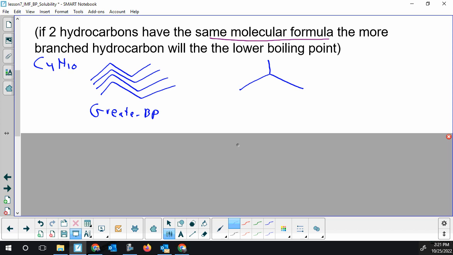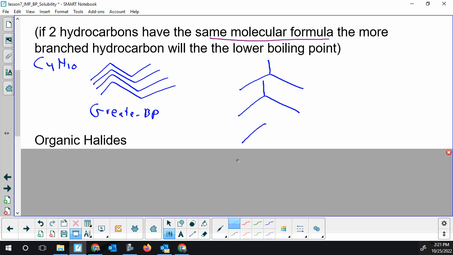And now, if I draw another one, I need some distance in between because that branch is going to push them apart. And if I do another isomer, I only really have room to do one more. That branch, again, is spacing them out. So this one will have the lower boiling point. Normally we're looking at forces, but here's the distance consideration.